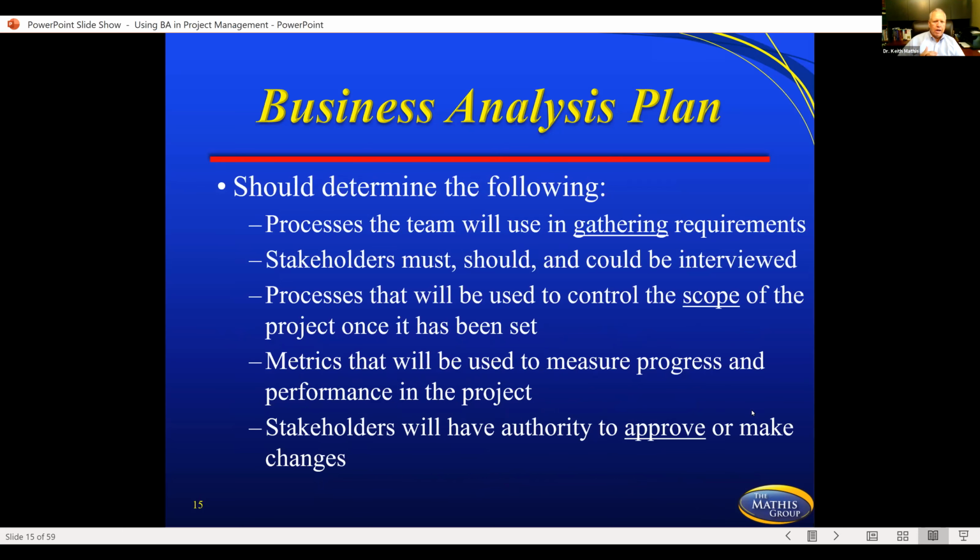It should determine the following: the process the team will use in gathering the requirements, stakeholders, musts, shoulds, and coulds to be interviewed, the process that will be used to control the scope of the project, metrics that will be used to measure progress and performance in the project, and which stakeholders will have authority to approve or make changes. Now you'll notice as we look here, when it talks about metrics, we're not inheriting the metrics from the organization, even though you will have some of those that come naturally.